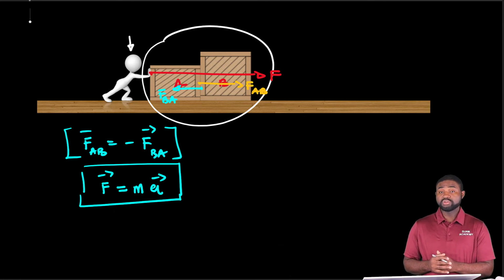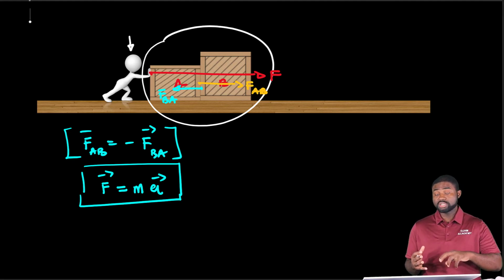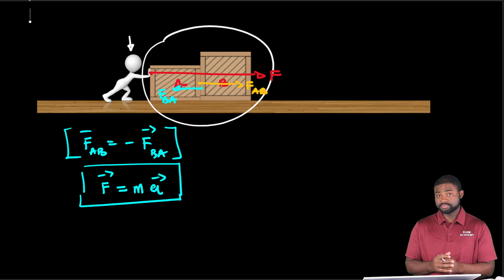Now that means that when a system interacts with objects outside of the system, in its surroundings or in its environment, it generates external forces. But if a system does not interact with its environment, there are no external forces acting on that system, in which case it will remain at rest, or it will keep on moving with a constant velocity in accordance with Newton's first law of motion.